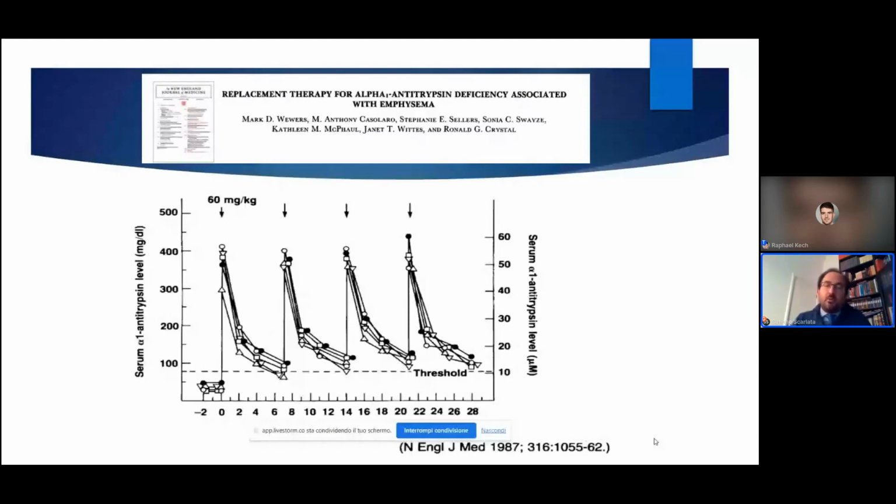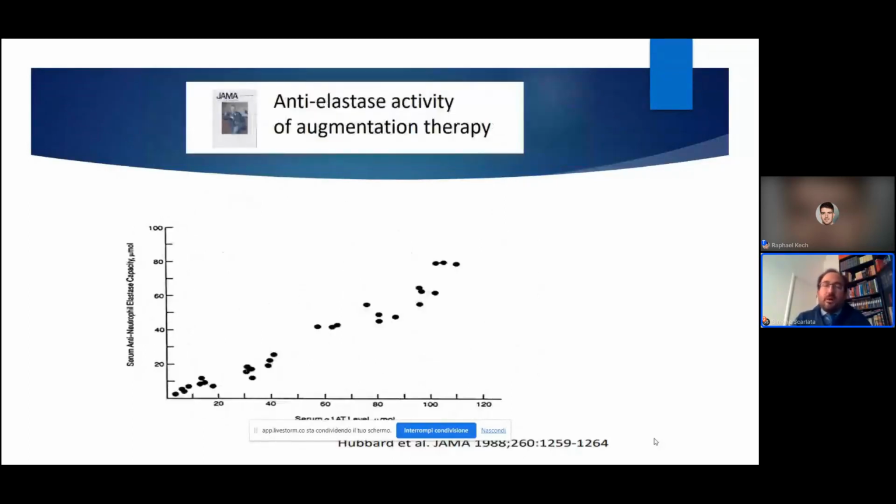This means that at the moment the treatment is administered 2 to 4 times per month, and the patients restore their level. Once the alpha-1 antitrypsin is administered, we can easily see that this again restores the anti-neutrophil elastase capacity in the blood, allowing a correct and proper balancing of anti-elastase ability.